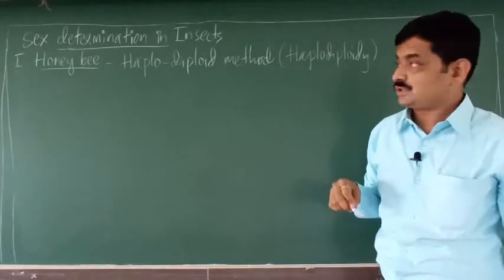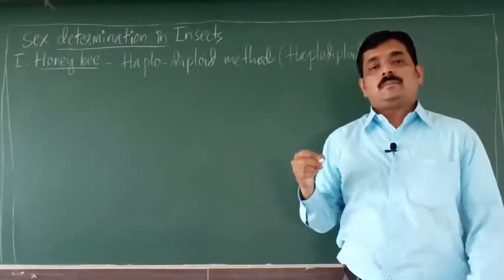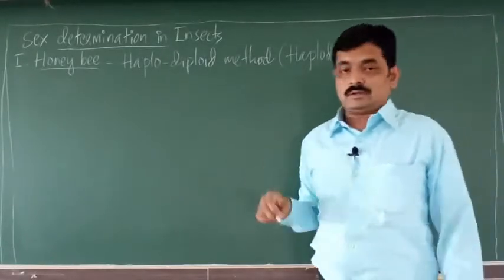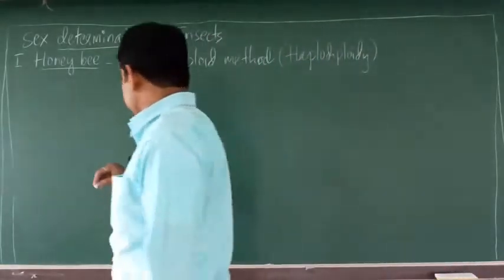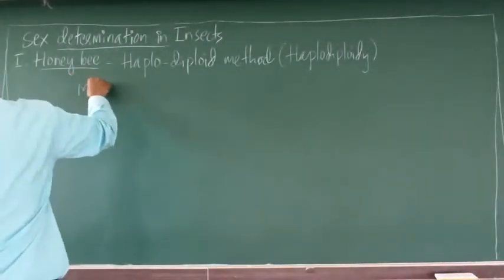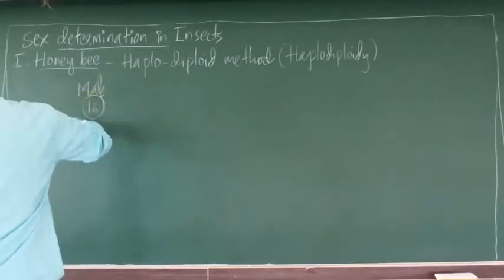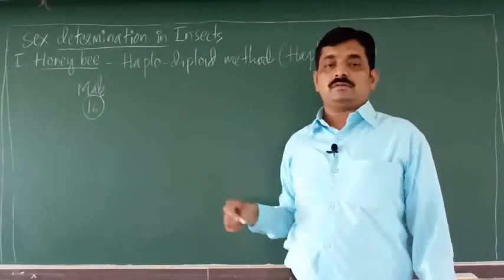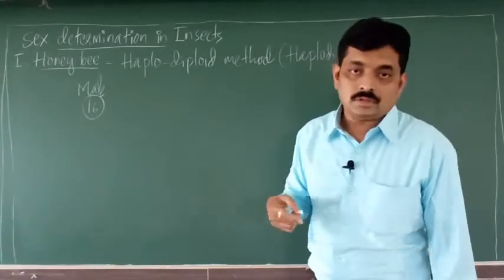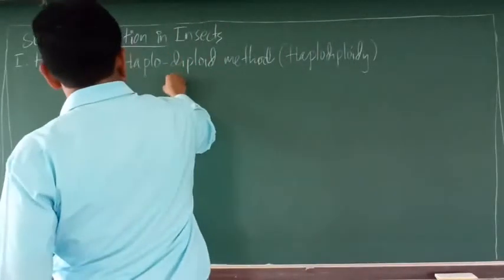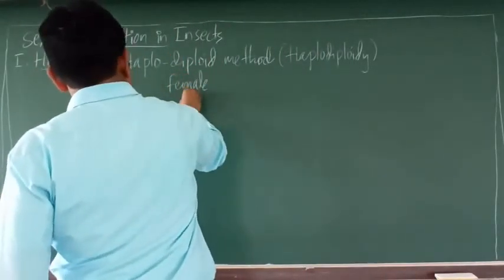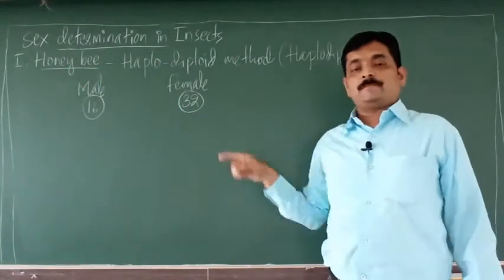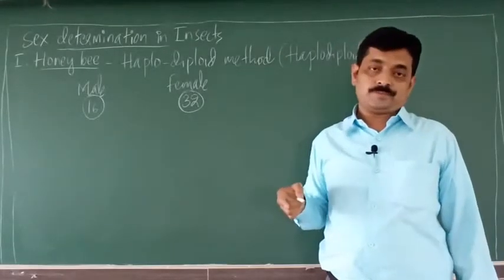Here, the male honeybees are haploid. They have 16 chromosomes. The female honeybees are diploid. They have 32 chromosomes.